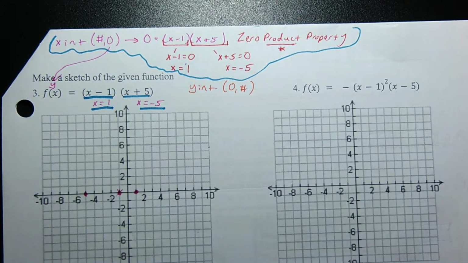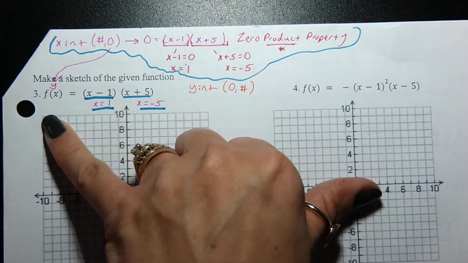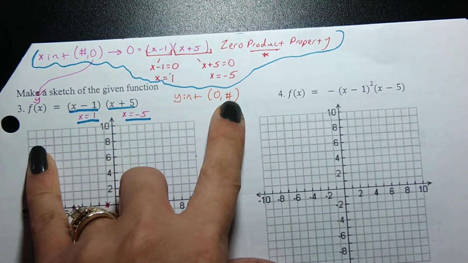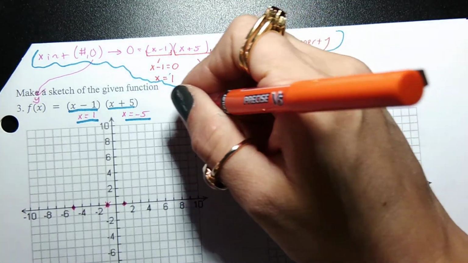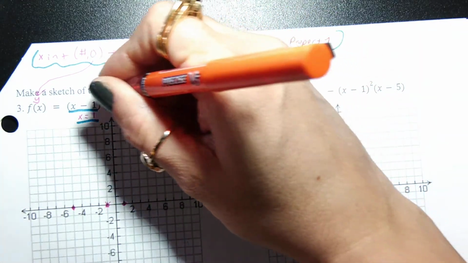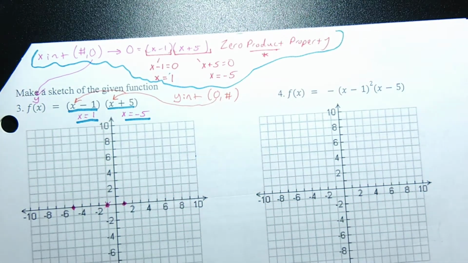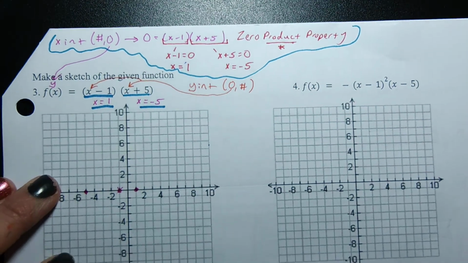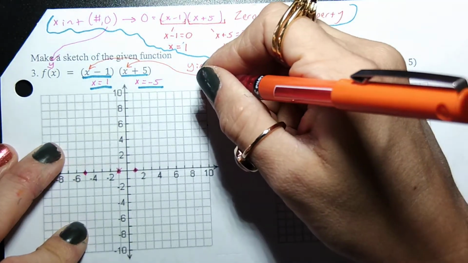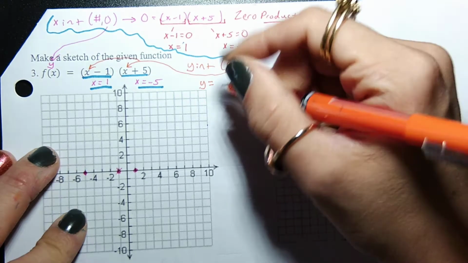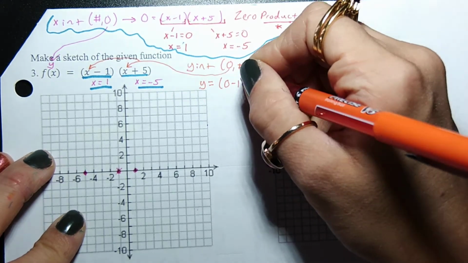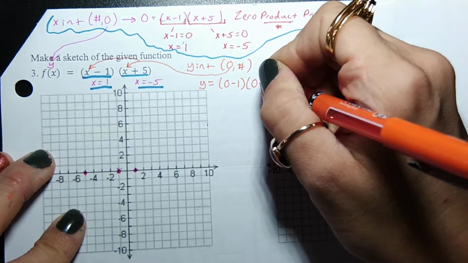So instead of plugging in 0 for f of x in solving, we're going to plug 0 in for both of these x's and solve for what y is equal to. So y equals 0 minus 1 times 0 plus 5.